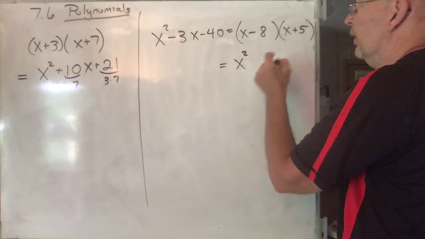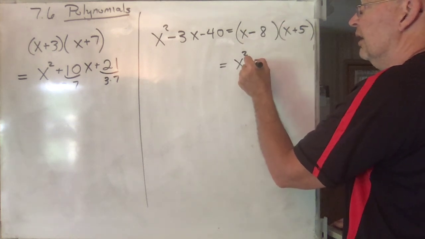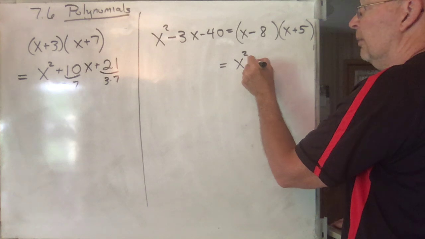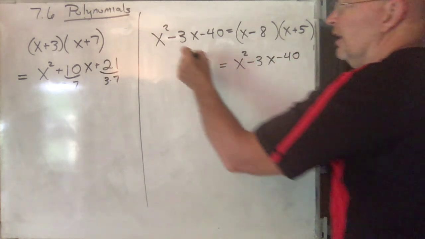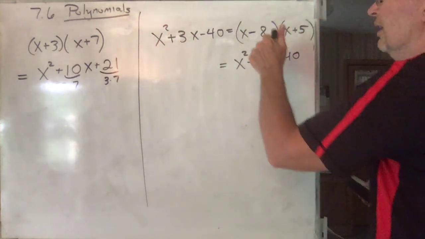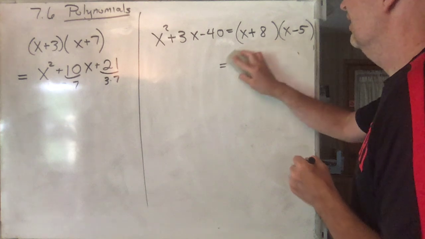So that's going to be x squared minus 3x plus 5x is going to be what? Minus 3x and then -40. If I had a plus right there, then I think I would have wanted them like this. Is that right?